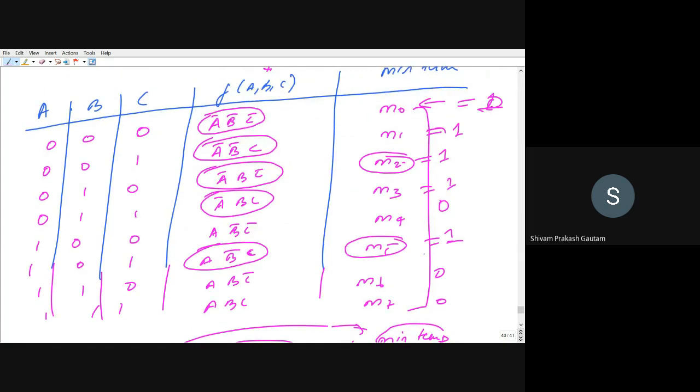Earlier, what you used to do, you used to build a truth table, right? For certain functions in Boolean algebra, you need to build a truth table, and from that you come to know for which values of variables our function is 1.